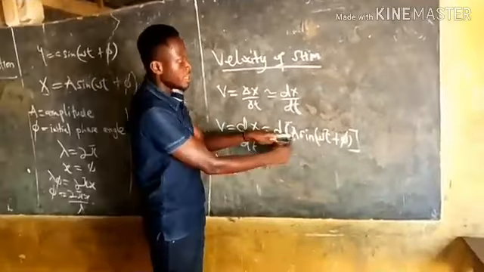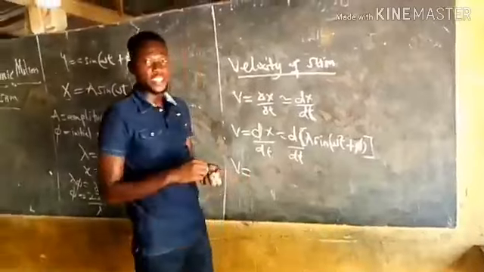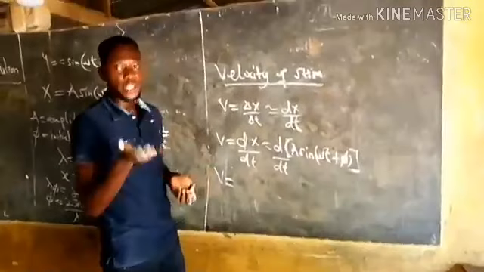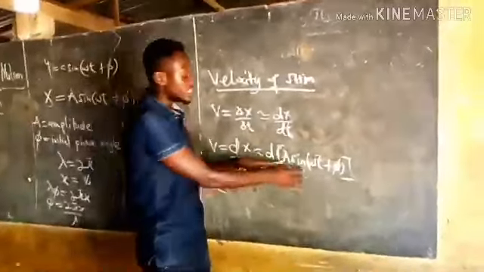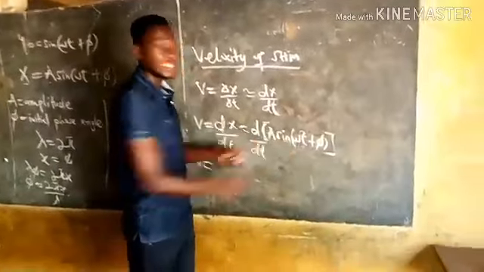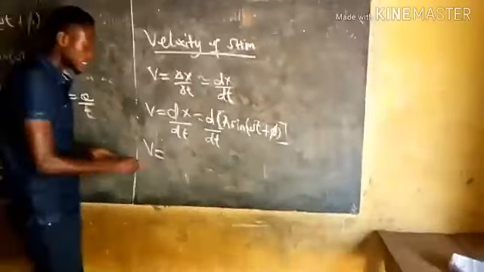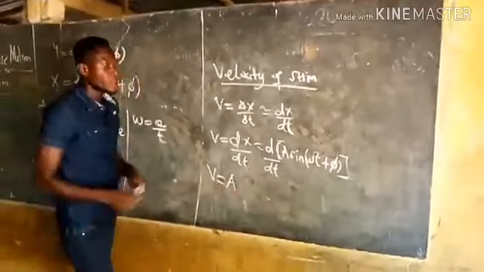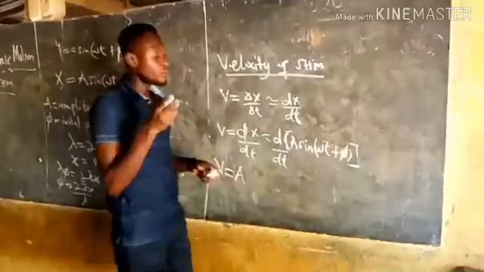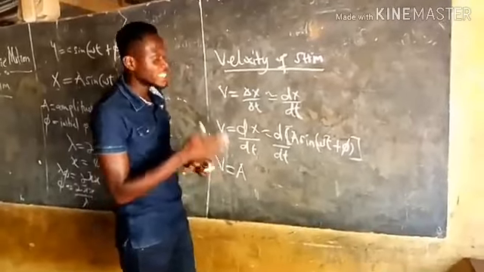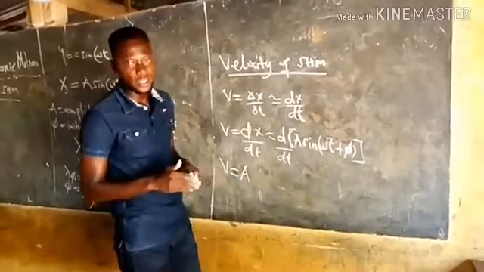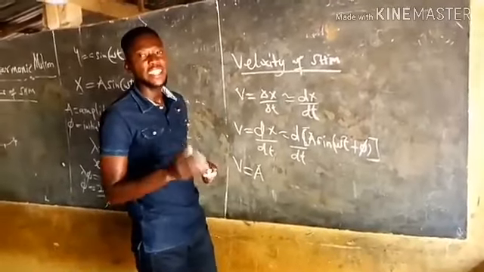We have A and the sine function. We are going to hold A constant, then we differentiate the sine with respect to t. So if you hold A constant, we get A. But don't forget, under trig, whenever you differentiate sine, you get cos. If you differentiate cos, you get negative sine.